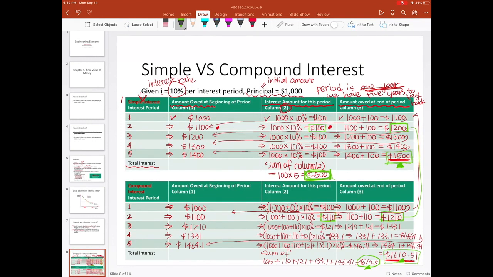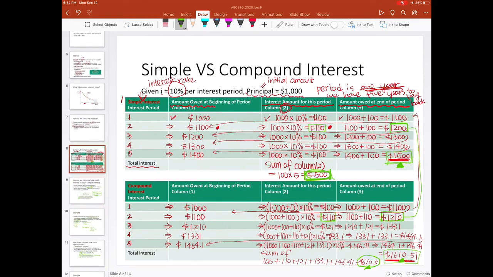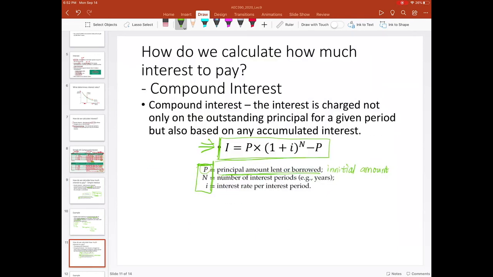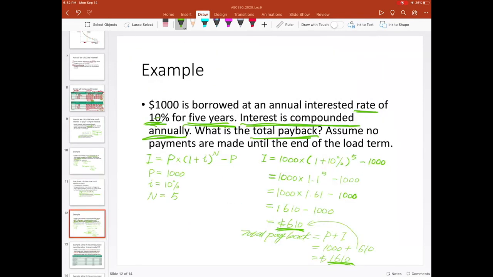And also, how can you work out this table by yourself manually? And based on the understanding of the difference between simple and compound interest, can you use these equations in the example? Using these two equations means you need to find out what P is, the initial amount you borrowed, what i is, the interest rate, and what the number of periods is, like how many times you calculate the interest.